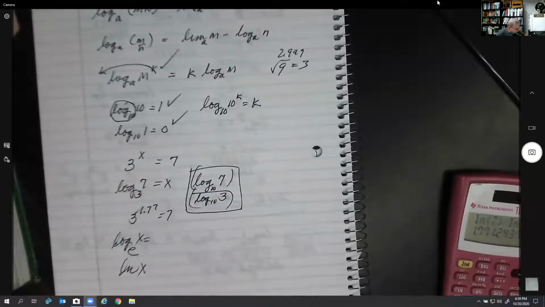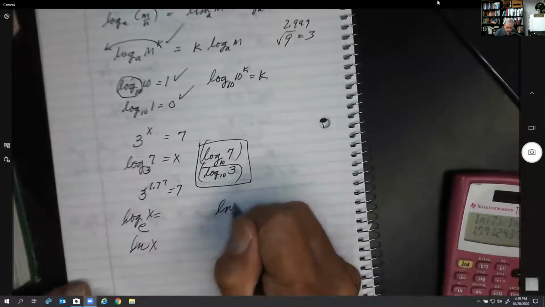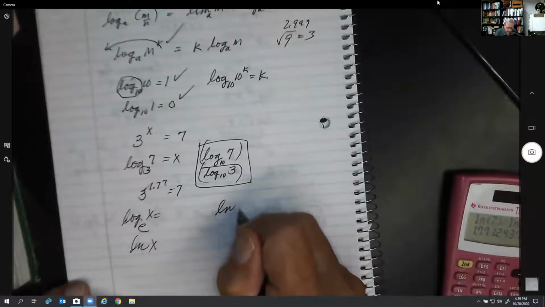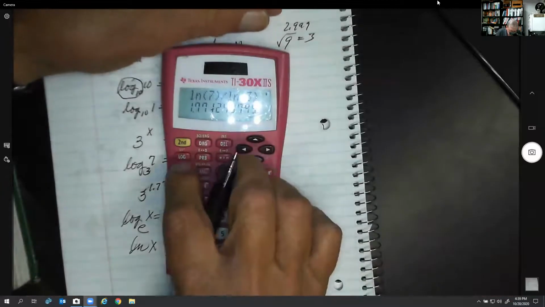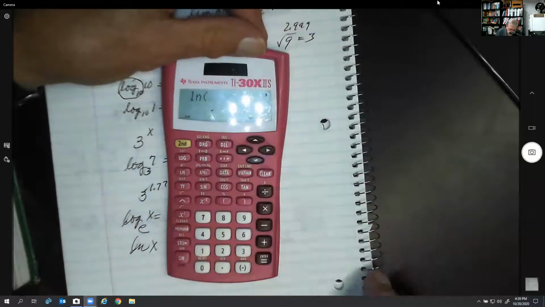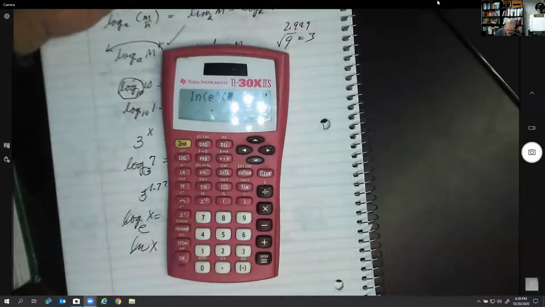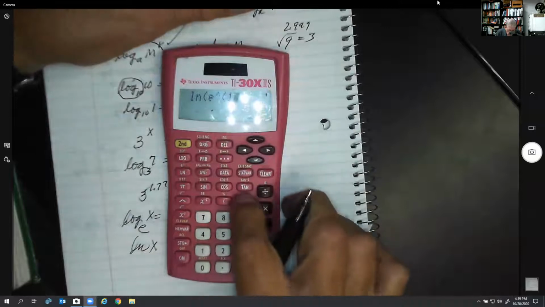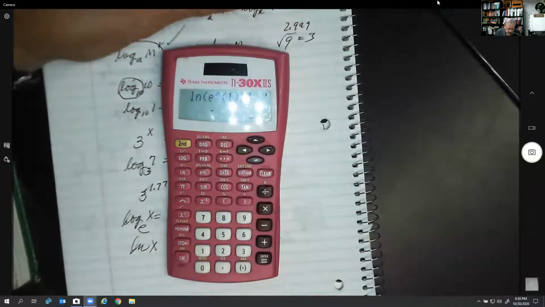We're not going to do all these problems in the book. And if you look at these problems, one thing that's very important: the natural log of e is 1. How would you do that? Natural log, how do you get an e? You have to hit your second ln. Then you get your e to the 1 power, and we need to finish that parentheses again, is 1.